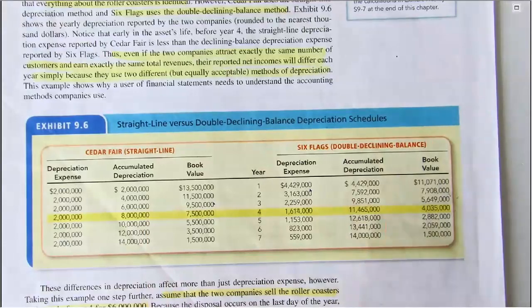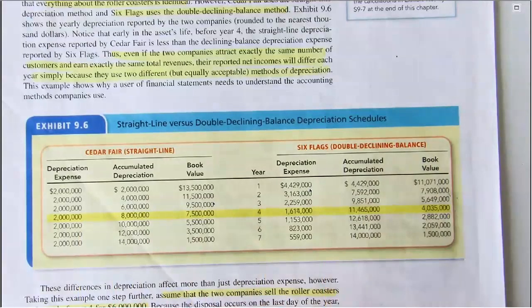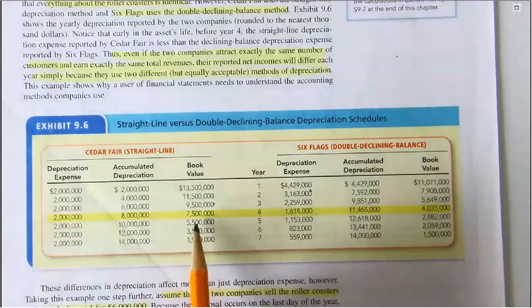Okay, now let's assume that at the end of year 4, which is right here highlighted in yellow, both companies sell their roller coasters for $6 million. Okay, so that's the amount of cash received. Remember how we compare the cash received to the book value?